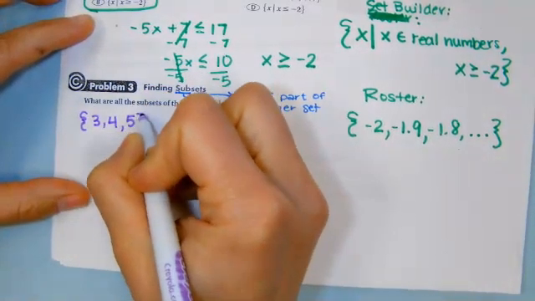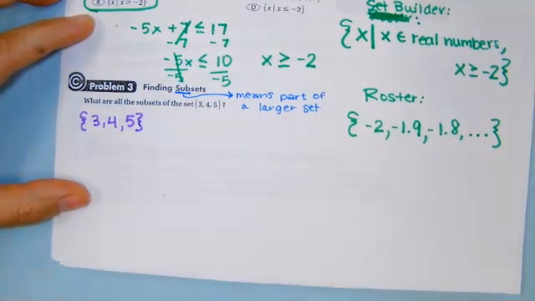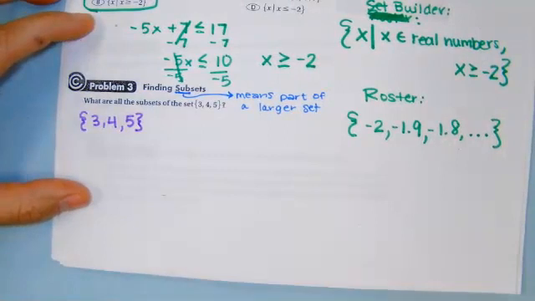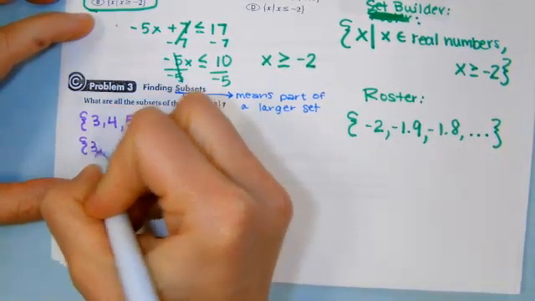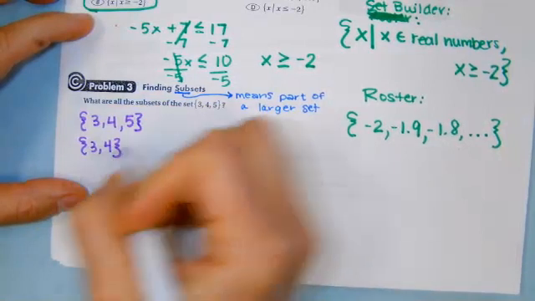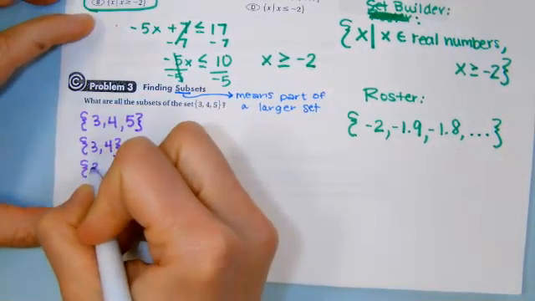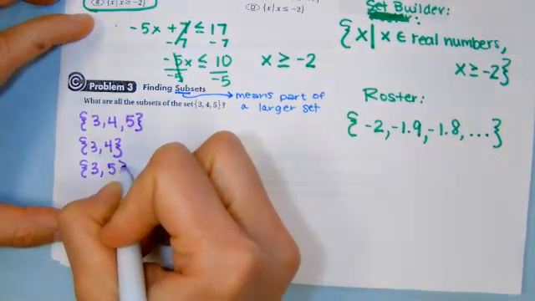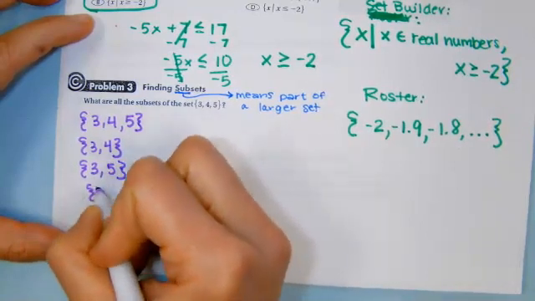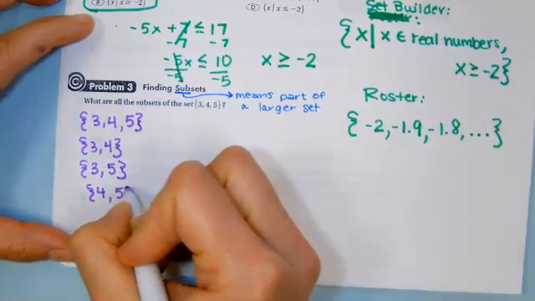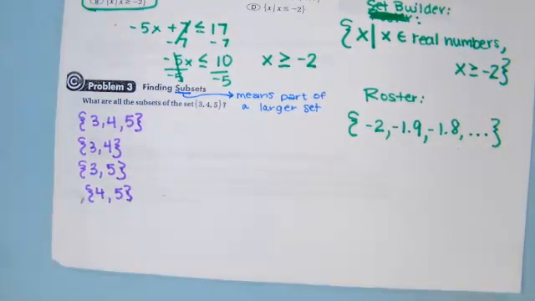You could have all 3 numbers as a subset. Now, the smaller sets that we could have: just 3 and 4. We could have just 3 and 5. We could have 4 and 5. That's all our sets of 2 that we could possibly have.